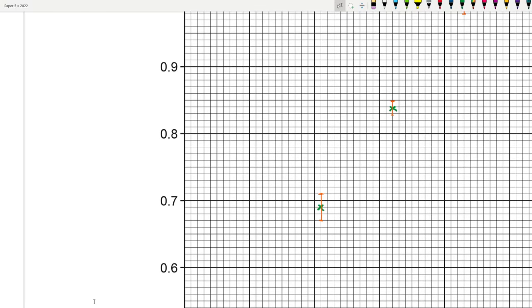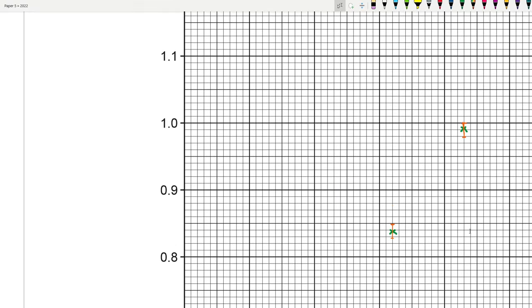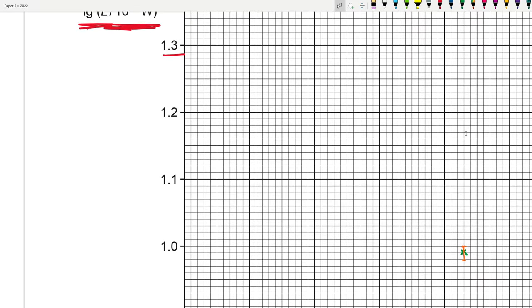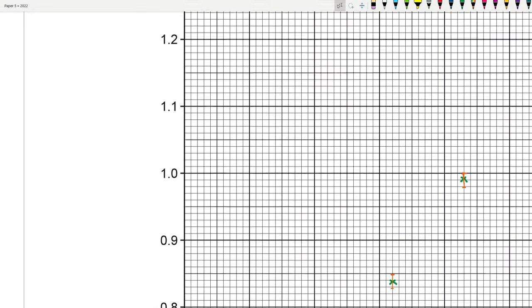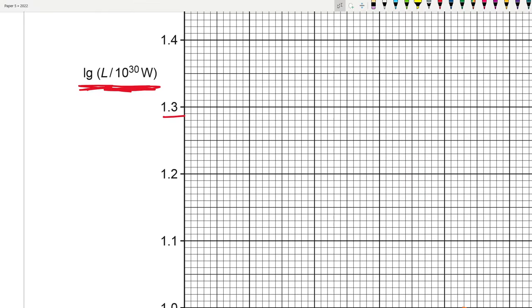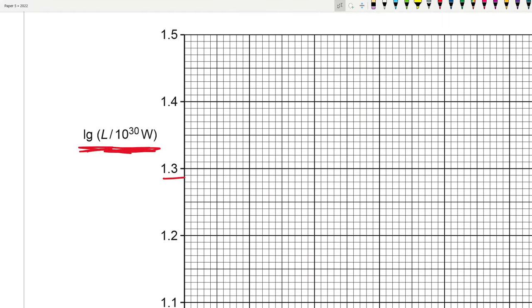Then moving on to 1.73 and 0.991, basically 0.99. Then 1.89, just before 1.9, and 1.20. And the last point is basically 1.99 and 1.32. Okay, those are the points.